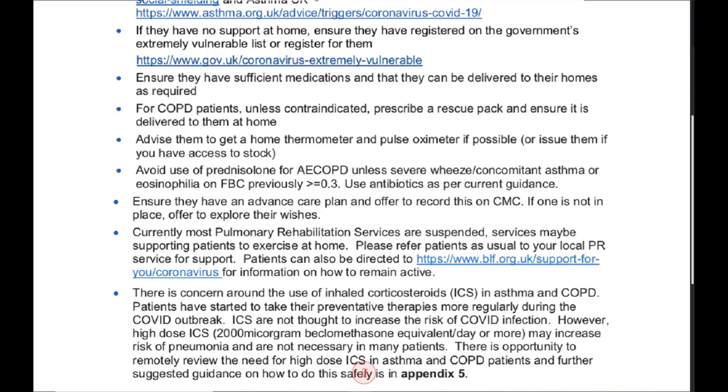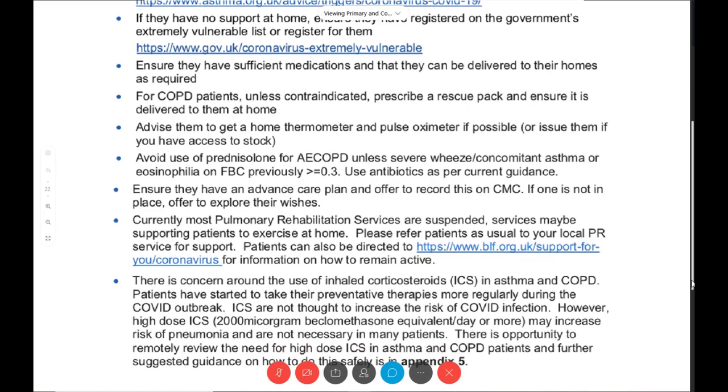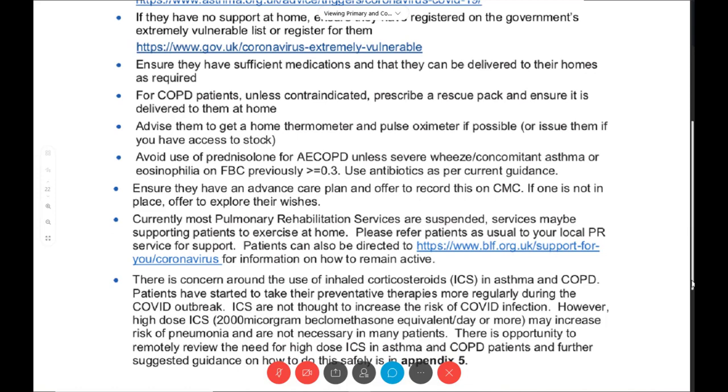We give a lot of guidance in the appendix of the document to help guide you through how you can identify patients who may be suitable for a reduction in inhaled steroid dose and how you can actually do it.